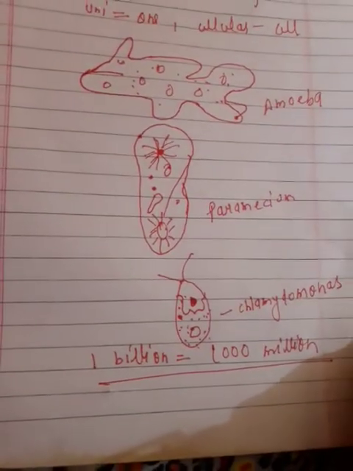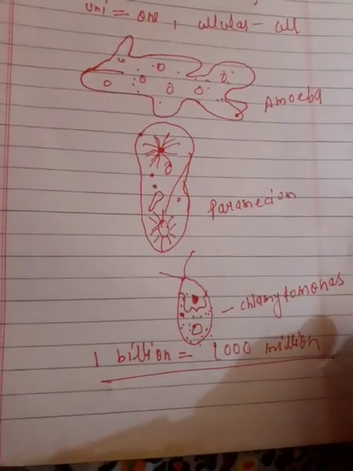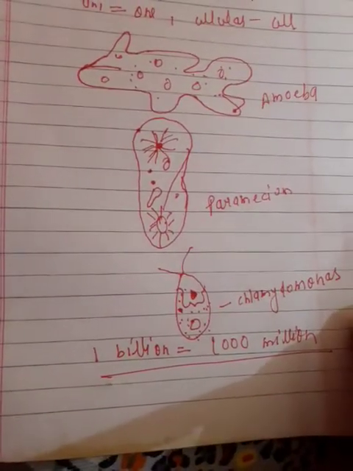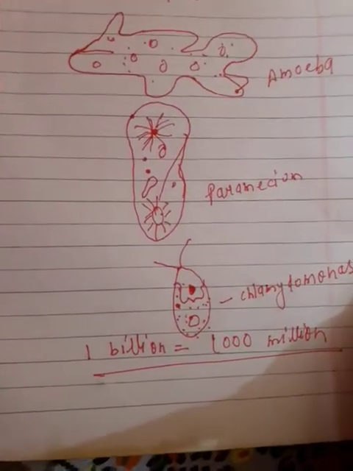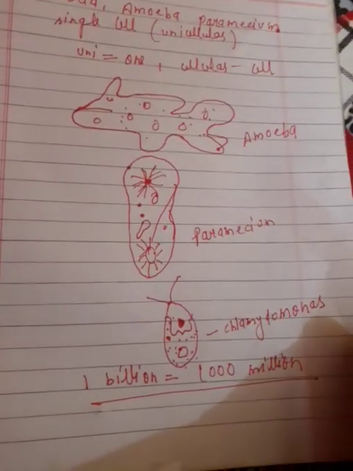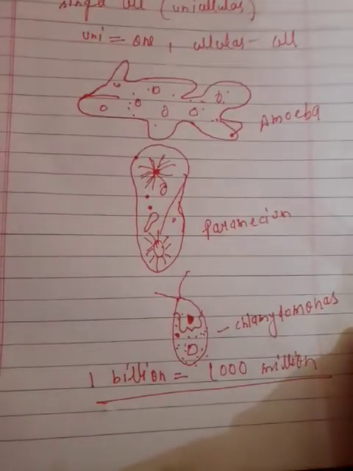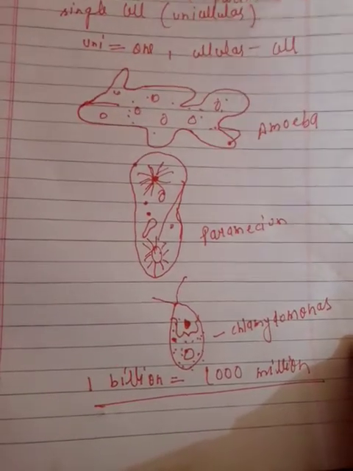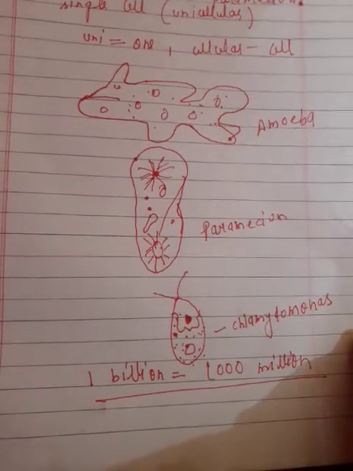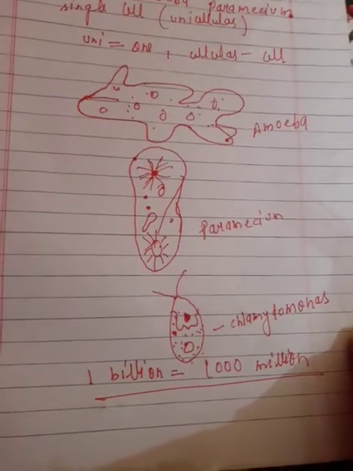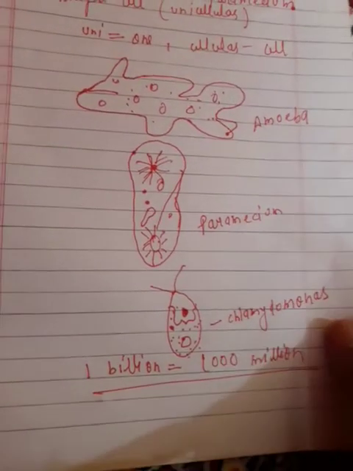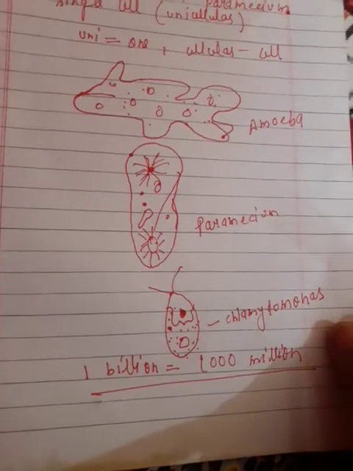Organisms consisting of more than one cell are called multicellular organisms. Multi means many, cellular means cell. However, life even in multicellular organisms begins from a single cell.